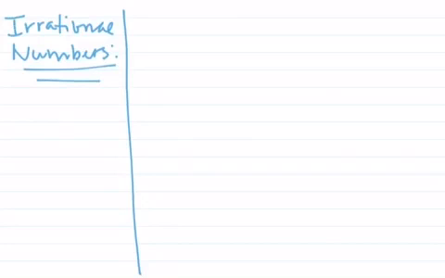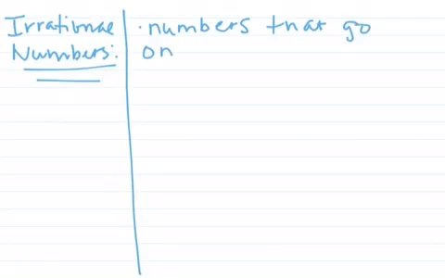We're going to be working tomorrow on classifying numbers, rational versus irrational, so we'll have a chance to really practice. So irrational numbers are numbers that go on forever and never, ever repeat.